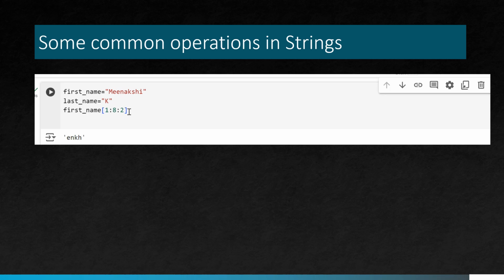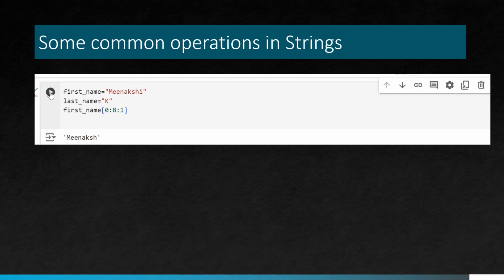Let me explain this with a better example. Or let me take it from 0 for the sake of convenience. After every character, 1 is left and the next one is taken.